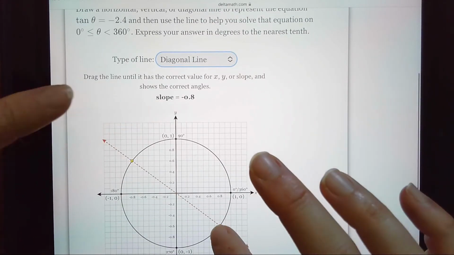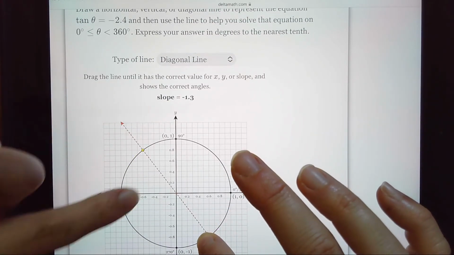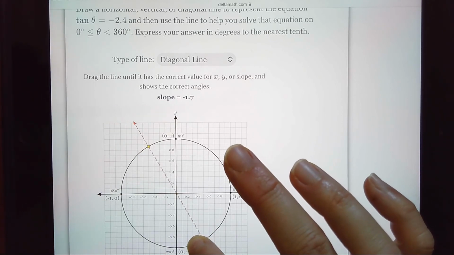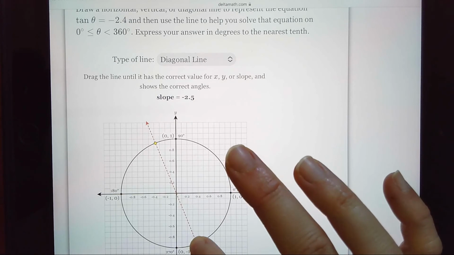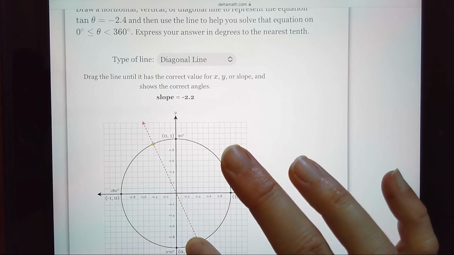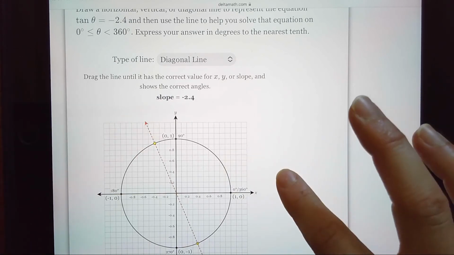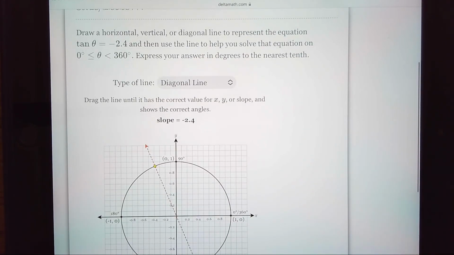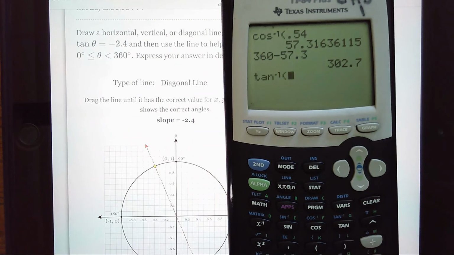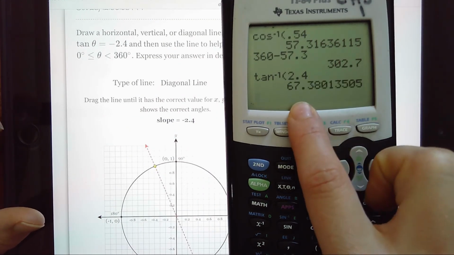So you'll have to play with this until you get it, and I'm trying to make it steeper, right? The bigger the number, the steeper the line. Right there. So my slope is 2.4. So I'm trying to find an angle here in quadrant 2 and an angle in quadrant 4. You would do inverse tangent of 2.4, and so my reference angle is 67.3.